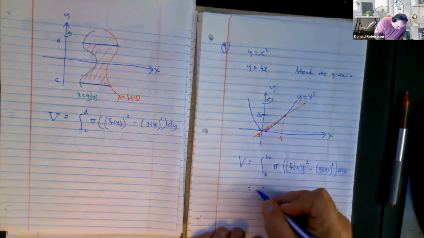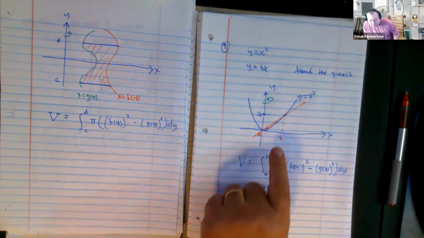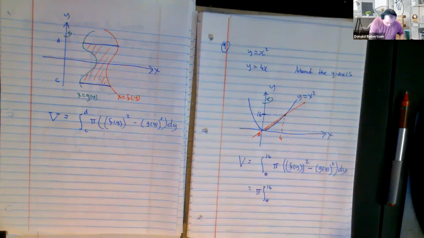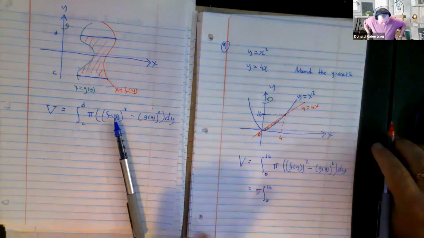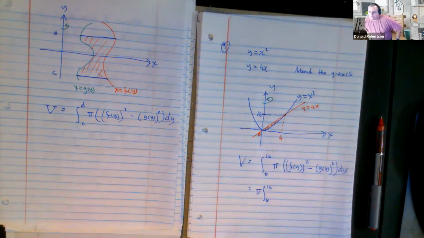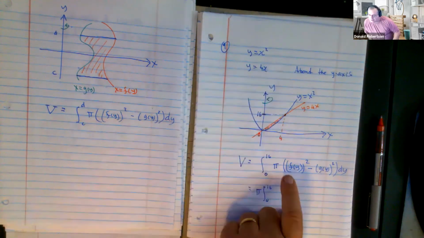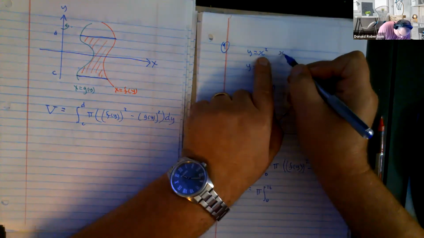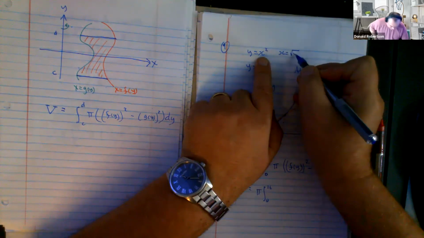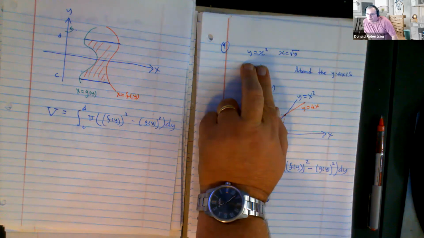So I'll pull out the pi. I've now got the y going from 0 to 16. Blue guy or red guy, which one of these guys is my f? Okay. Agreed? Now, problem. This is not the way these equations need to be written, so I can use them. This guy, for instance, is going to have to be called that. Are you happy about algebraically that if y equals x squared, x is the square root of y?